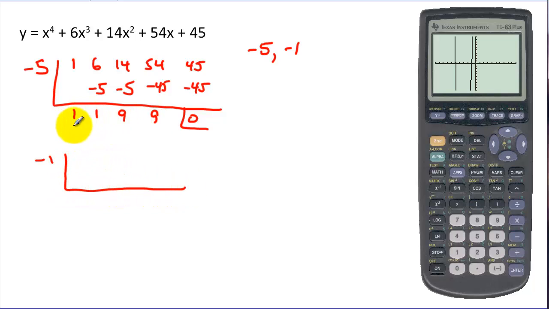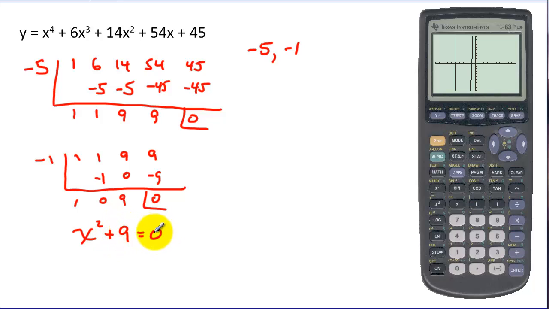These are the coefficients of our cubic after we factored out the x plus 5. We get 9, negative 9, 0, which is, again, good since we knew it's a factor. So again, I got one that could easily be solved with square roots.